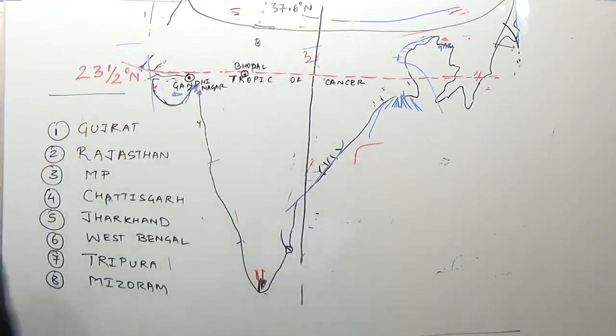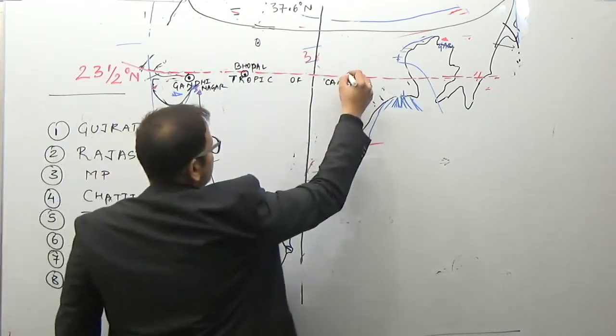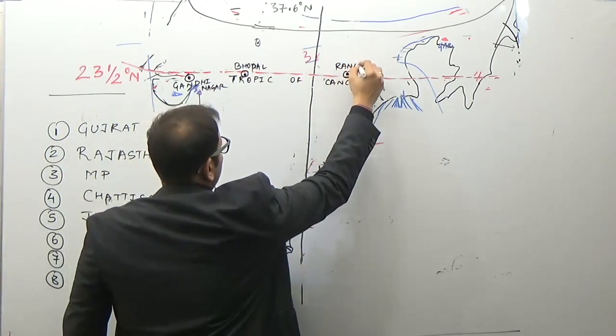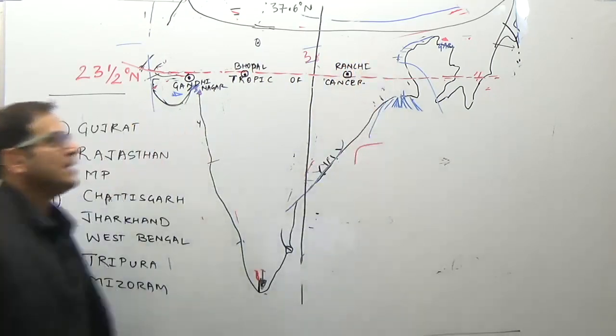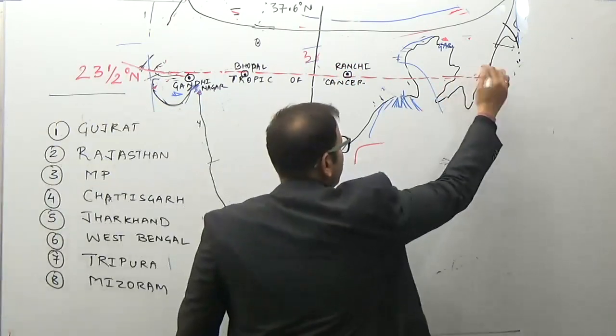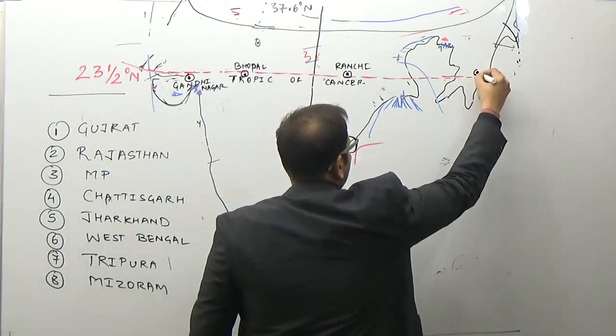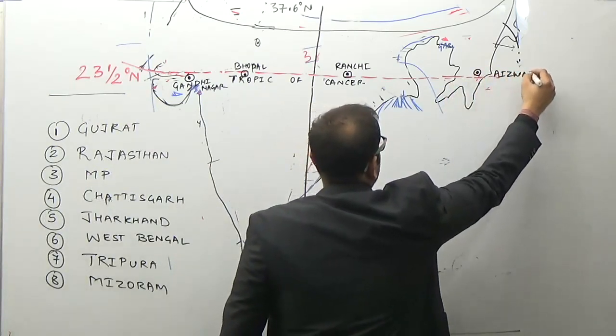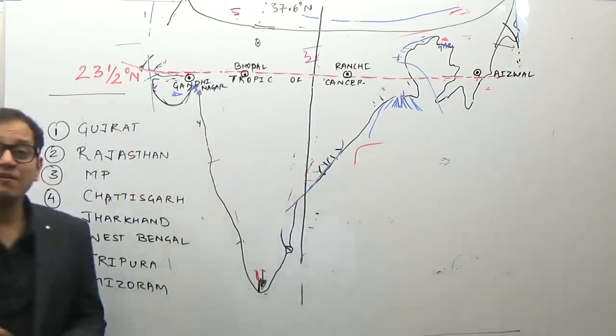The third capital city is Ranchi, capital of Jharkhand. The next capital city, which is very near, is Aizawl, the capital of Mizoram.